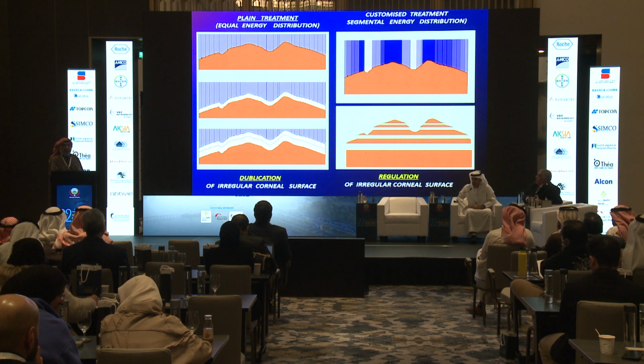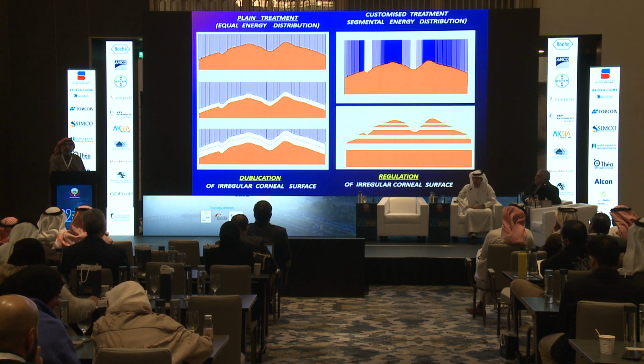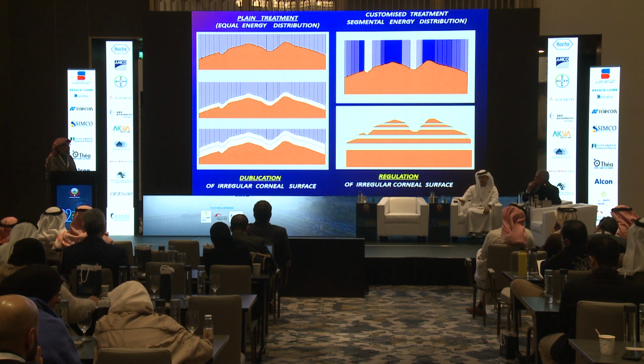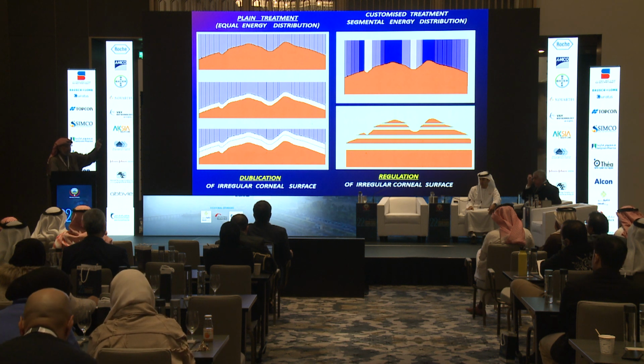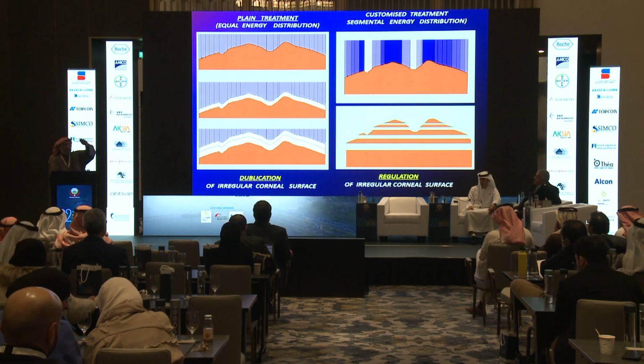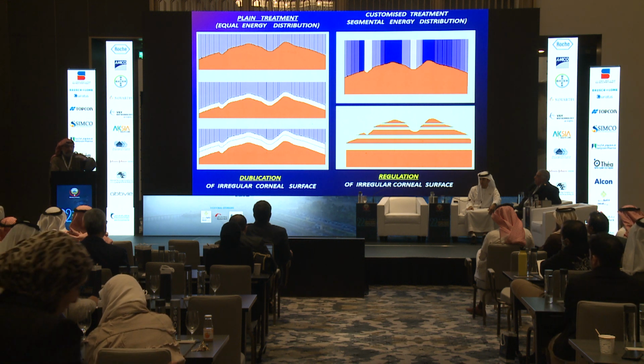Because if you use plain PTK, plain treatment, the energy distribution is equal on all parts of the surface of the cornea. Every part of the cornea will take the same energy, and it will be removed exactly on this side like that side. So we have the same surface, replicated or duplicated.